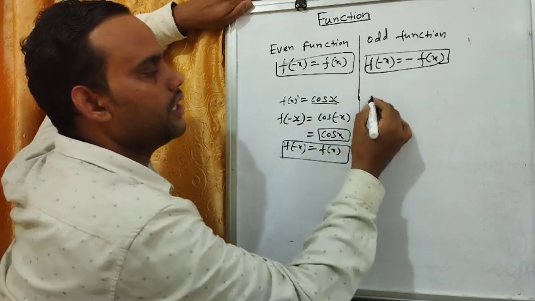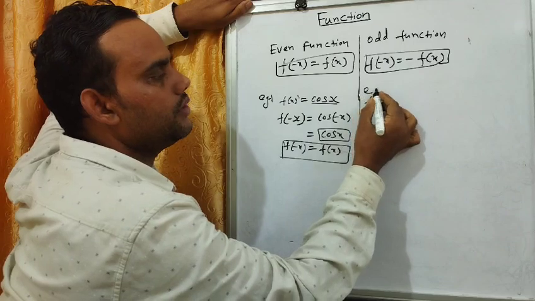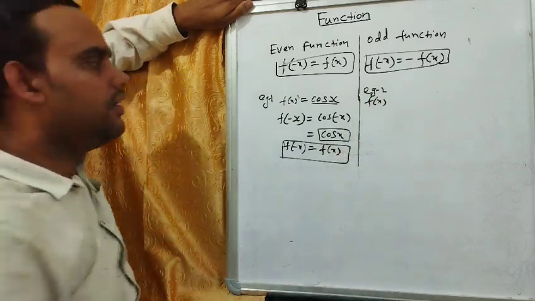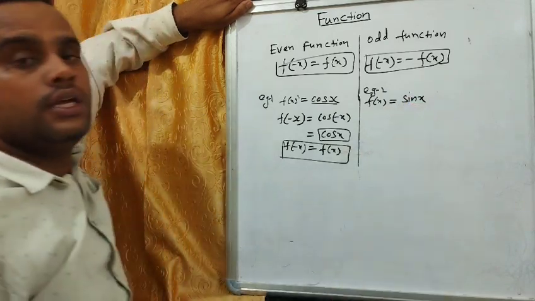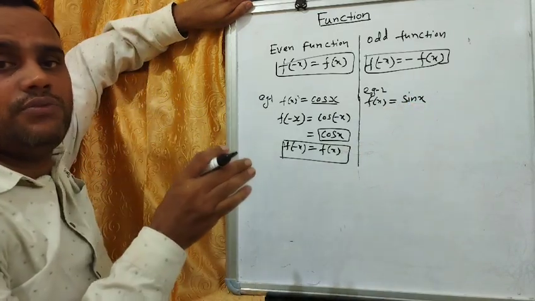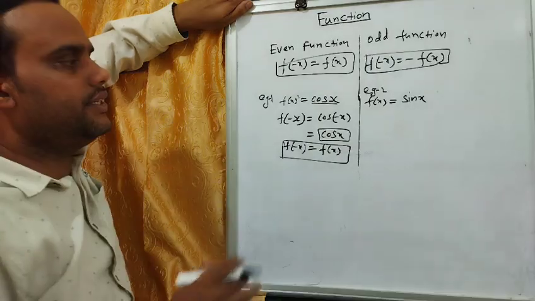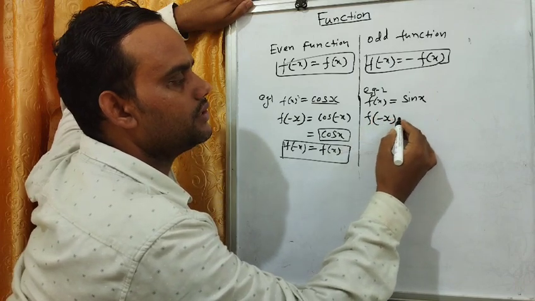Next, example 2. I will consider f of x equals sin x. Now we need to check the behavior of this function, even or odd. First we replace x with minus x.